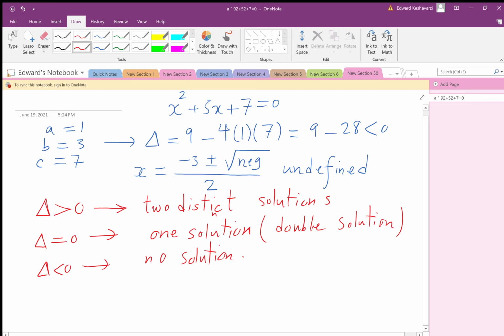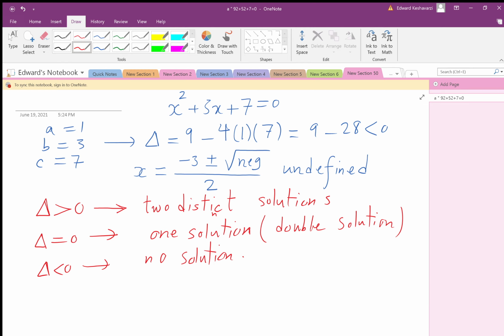Delta formula is stronger than factorization because factorization works for some equations, not all. But the delta formula is the general form of getting the solutions. So it doesn't matter if it's factorable or not. Delta always can solve the equation for us and never fails.